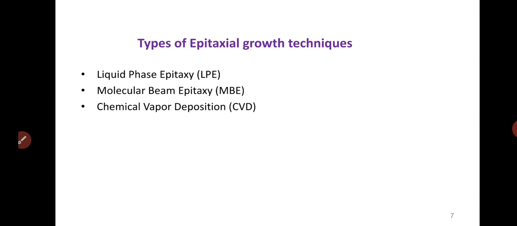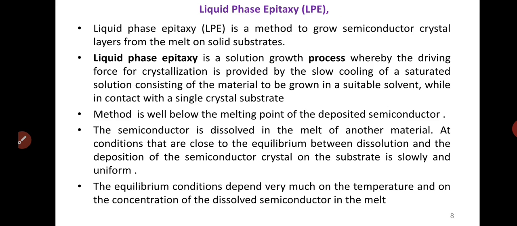Now there are different types of epitaxial growth techniques. First is liquid phase epitaxial growth technique, molecular beam epitaxy, and chemical vapor deposition techniques. Now let us discuss one by one.